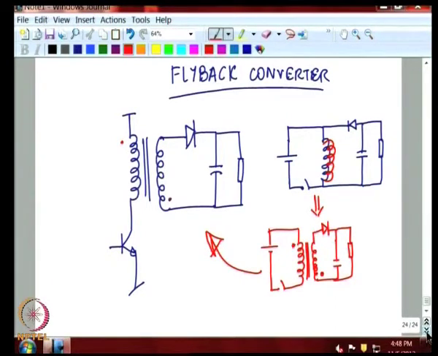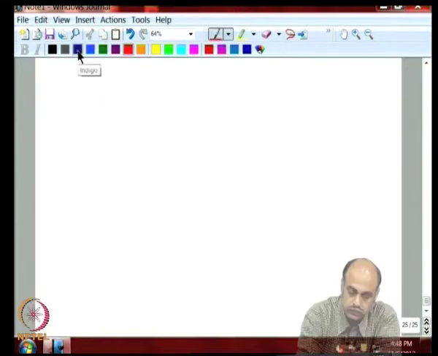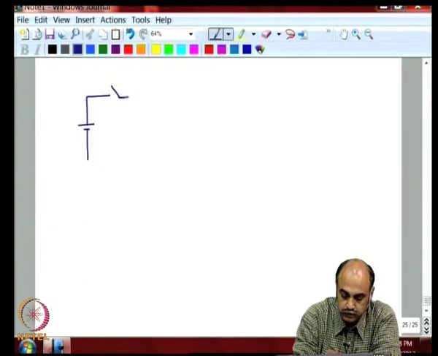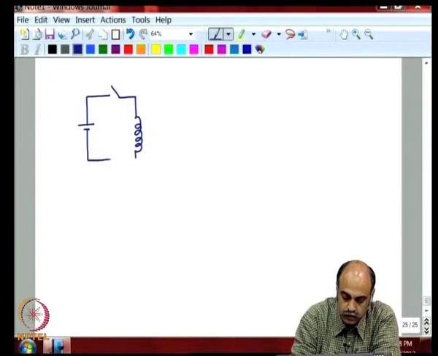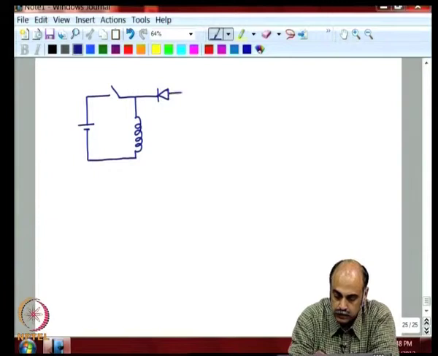So, the process would be: start with a buck boost converter, like this.